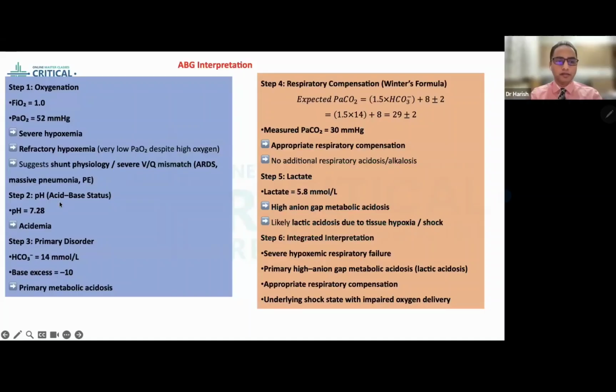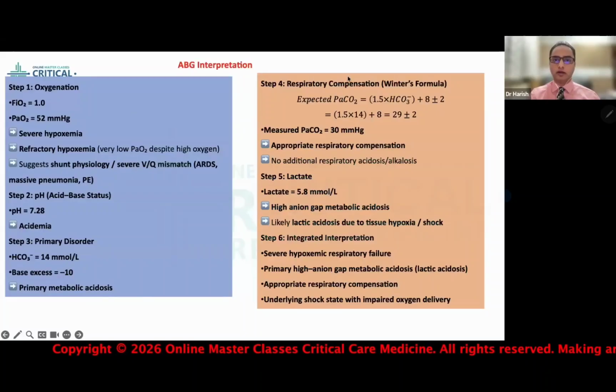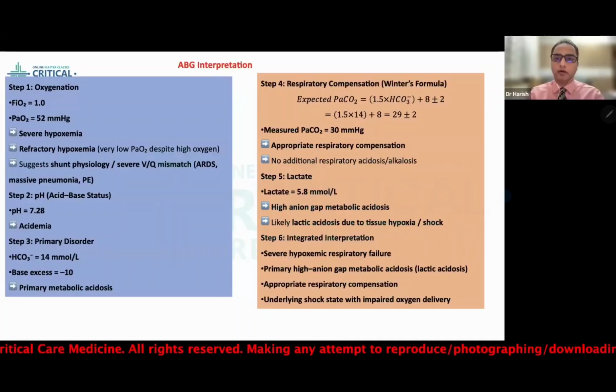If you see the acid-base status, pH is 7.28, acidemia, and bicarb of 14 is low, with a base excess of -10, so it is a primary metabolic acidosis. In primary metabolic acidosis, we calculate respiratory compensation using Winter's formula: expected PaCO2 equals 1.5 times bicarb plus 8, plus or minus 2.